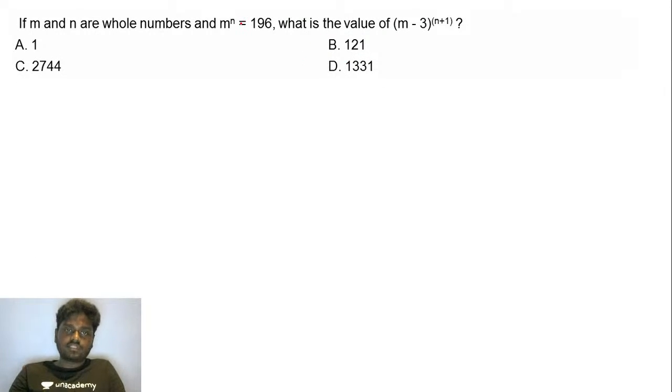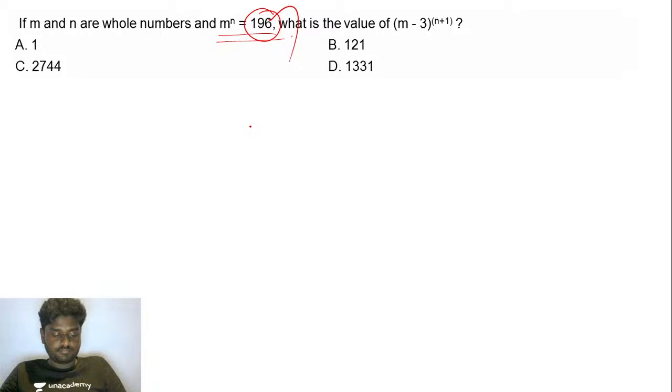If m and n are whole numbers and m power n is equal to 196, you need to find what is the value of m minus 3 the whole power n plus 1. So 196, how can you break it down?